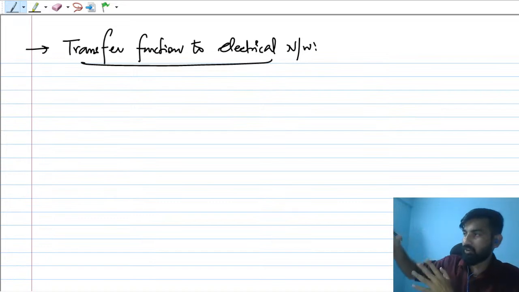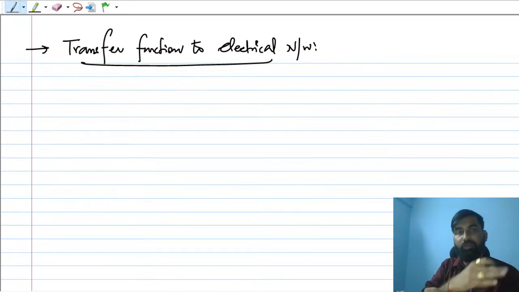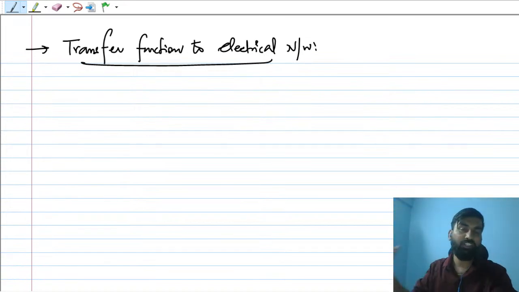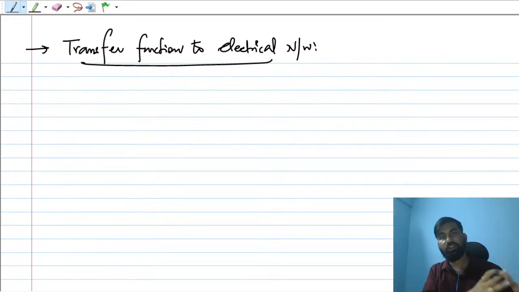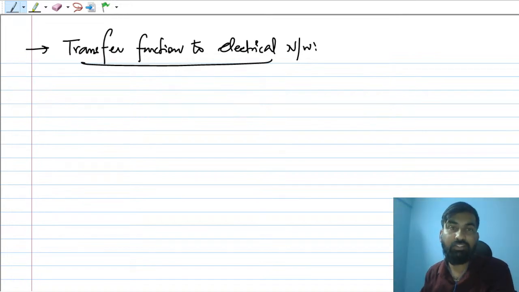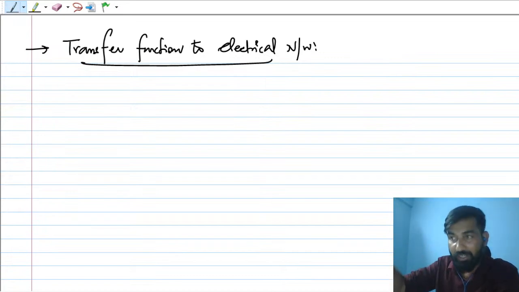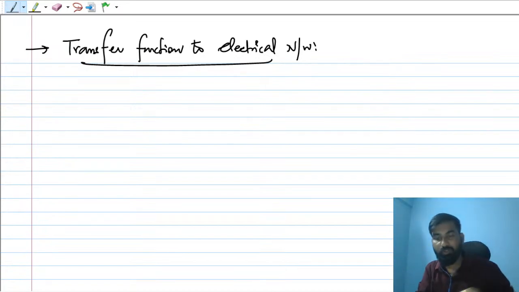There is no connection between output and input. You are just applying the input to the system, and you get some output. Your input is not intelligent about the output. That is what open loop is. And if there is a feedback from output to input, if part of the output is connected back to the input, that is known as closed loop transfer function.